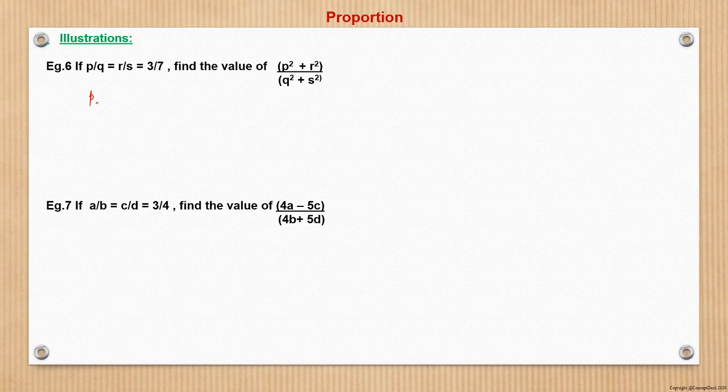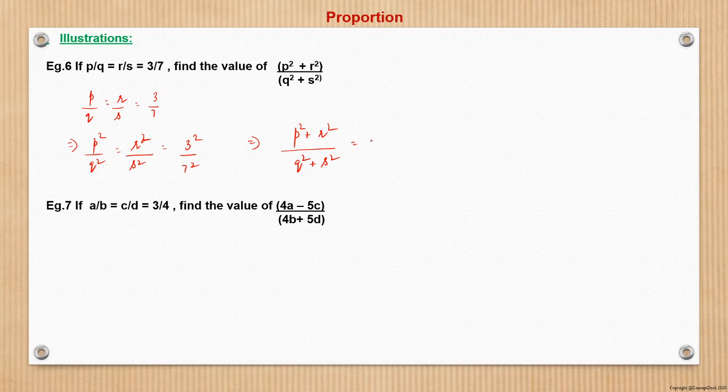So here P by Q is equal to R by S is equal to 3 by 7. So I can write this as P square by Q square is equal to R square upon S square, which is 3 square upon 7 square. So now this can be written as P square plus R square upon Q square plus S square is equal to, what?